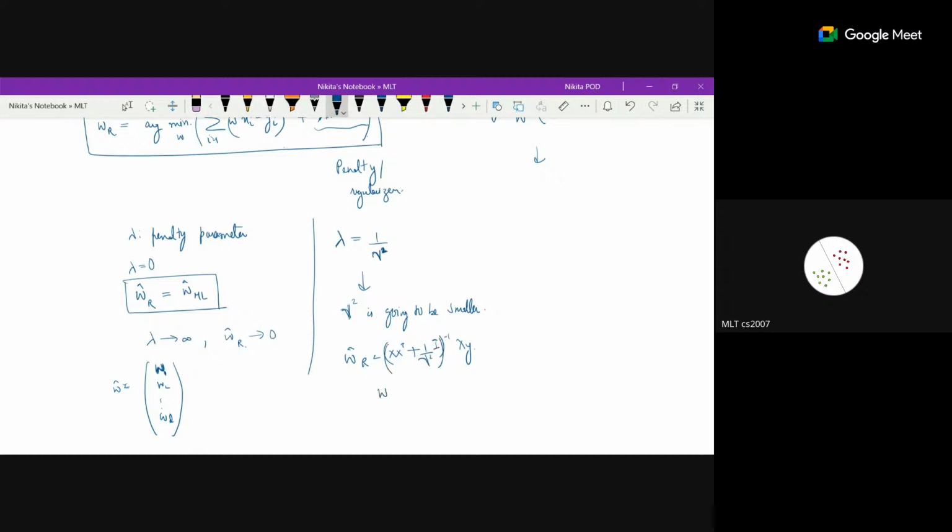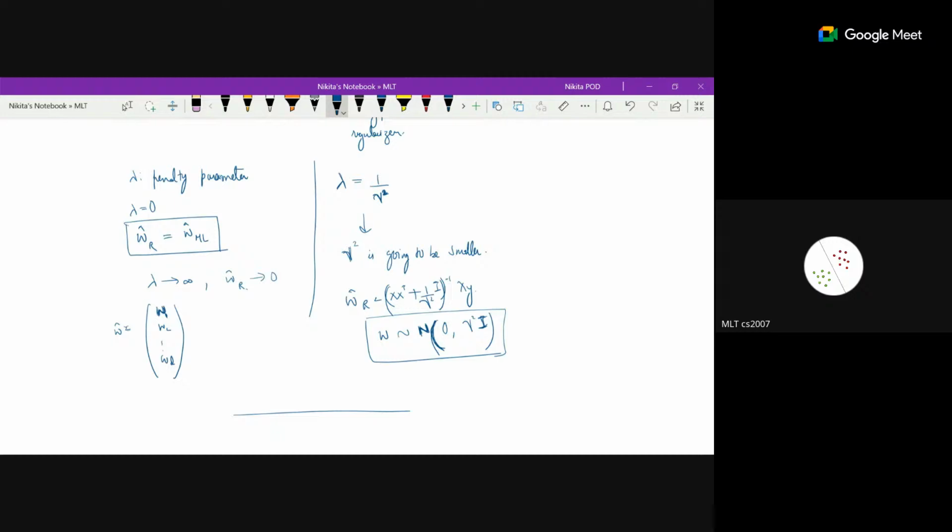The prior assumption that we had made is that W follows a normal distribution with mean 0 and variance gamma square I. When we say that my W follows a normal distribution with mean 0, it means we want most of the WIs to be closer to 0, in a small neighborhood of 0 in a sense.